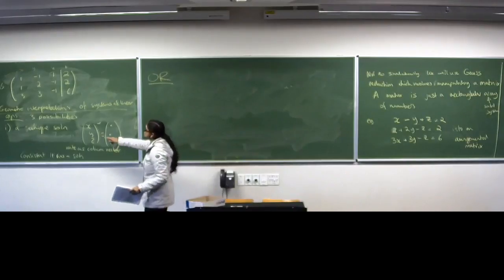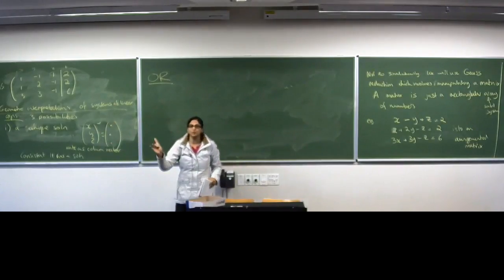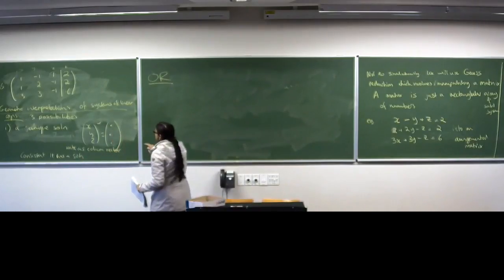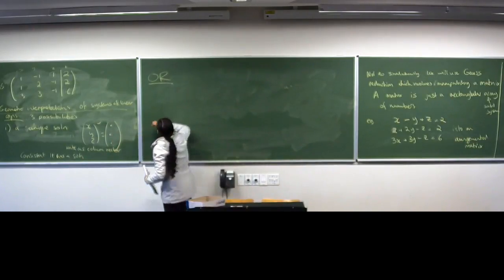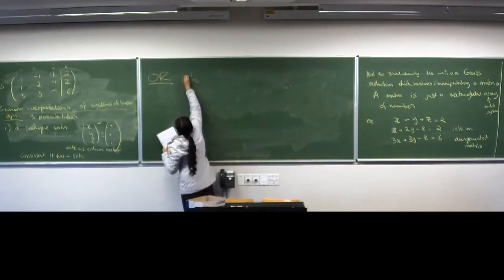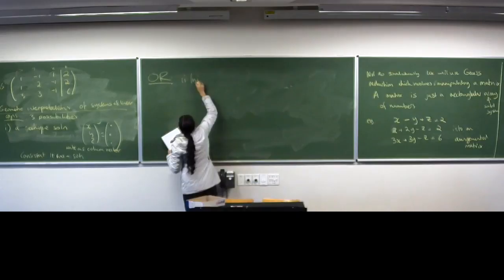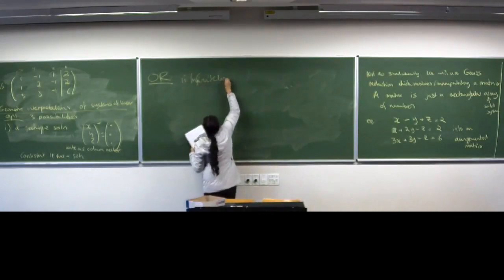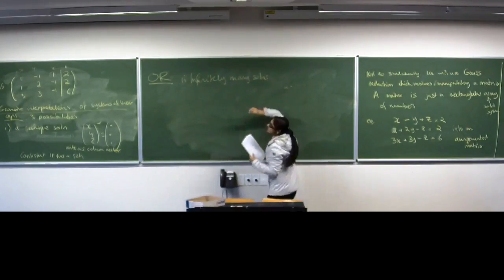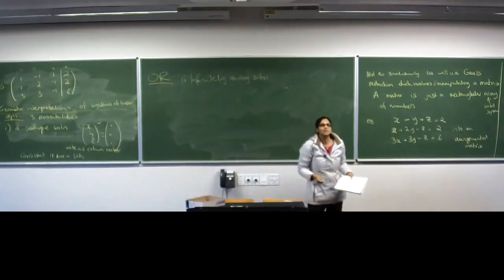We're going to get 3 options. Your answer is going to be one of them. It's either a unique solution or infinitely many solutions. What does infinitely many solutions mean?